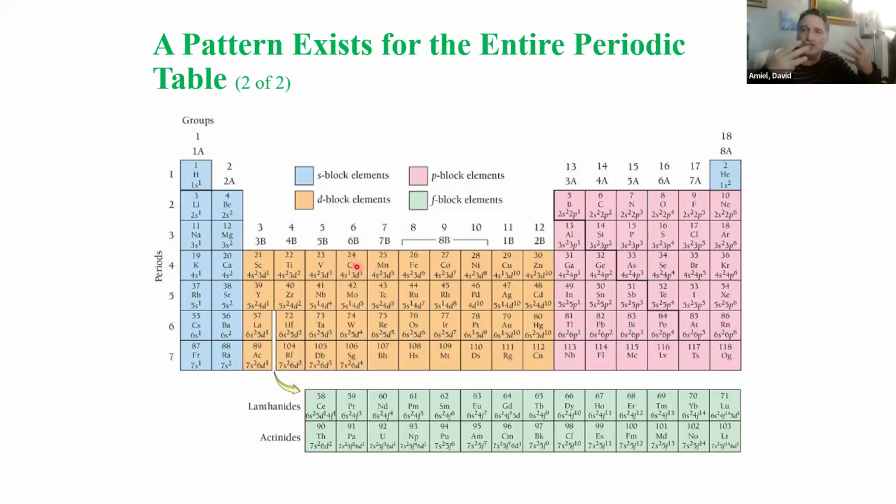A half-filled shell has unusual stability. Atoms want to be in the most stable state possible, and by stealing 1 electron from the s orbital and creating 3d5, chromium is stable like this.